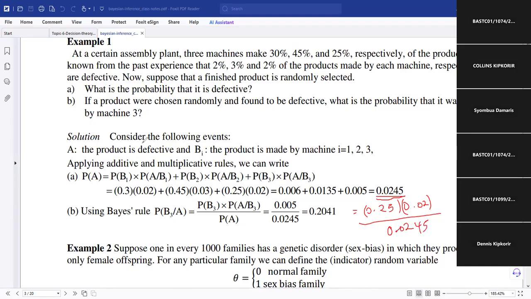So we have calculated the probability that it is defective irrespective of which machine it comes from. Then the probability that it is from machine 3 given that it is defective gives us 0.2041 that we have here. So that is how you could apply Bayes' principle to do computations of probabilities.